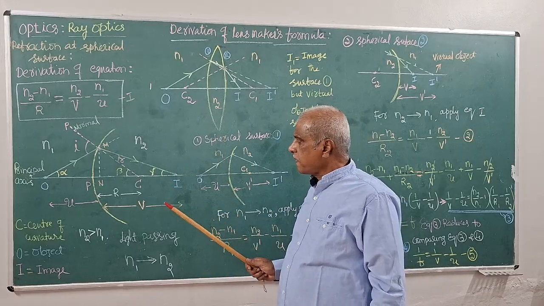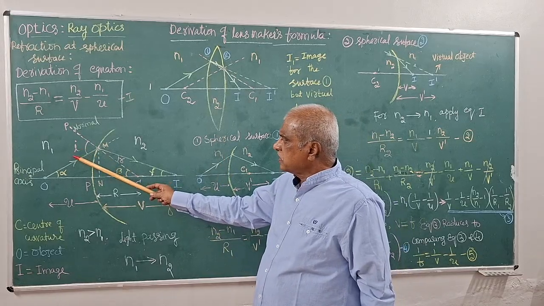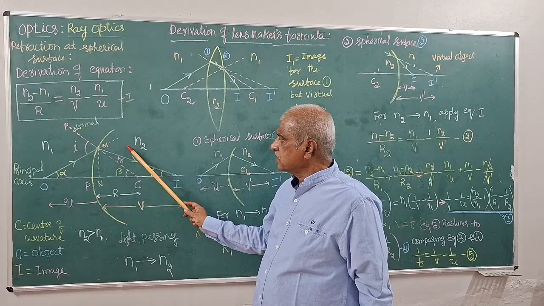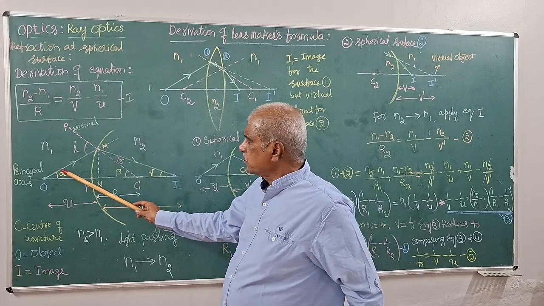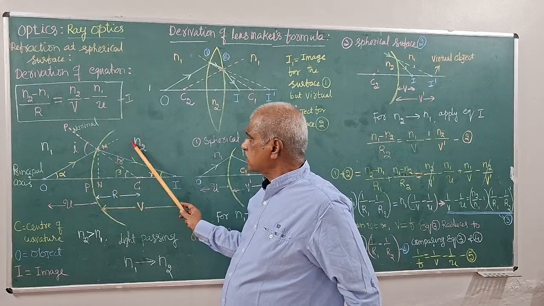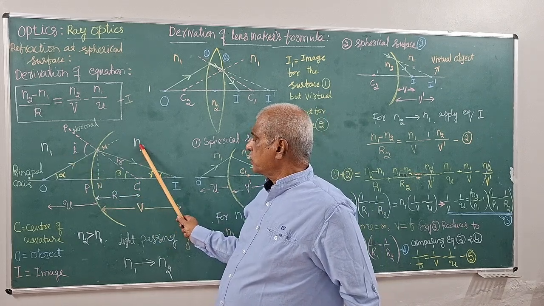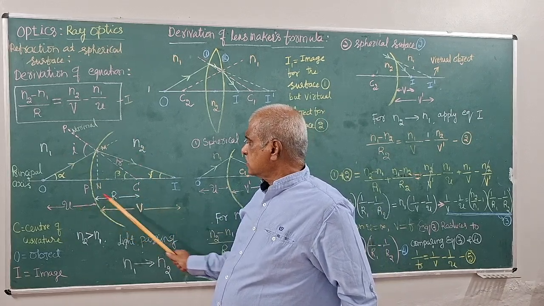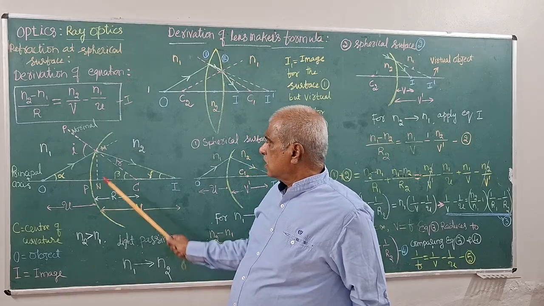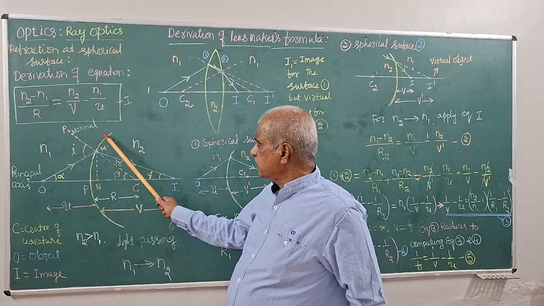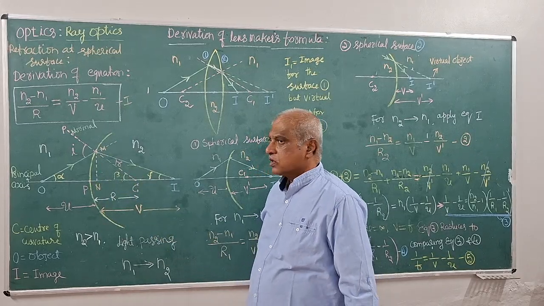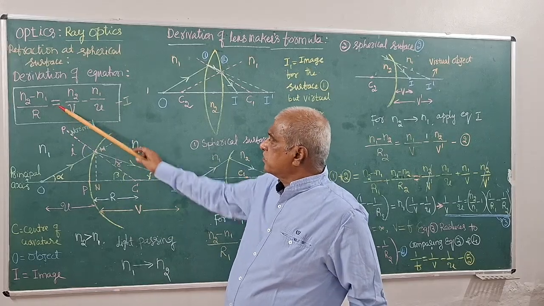The technique is, I am calling this the initial state and this the final state. Light is passing from this state to this state. This is the initial value, this is the final value. Object distance, image distance, and R is the radius of curvature of this spherical surface. So this is the equation for this refraction.